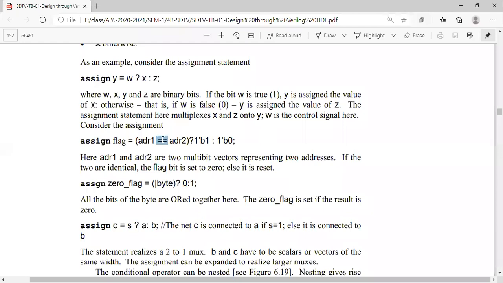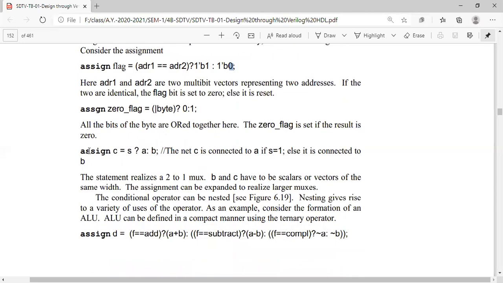So I am comparing bit by bit. If it is true, then this flag value will be 1. This is a 1-bit binary, so this 1 will go to the flag. If the addresses are not equal, it is 0. Flag is going to have 0 value there.